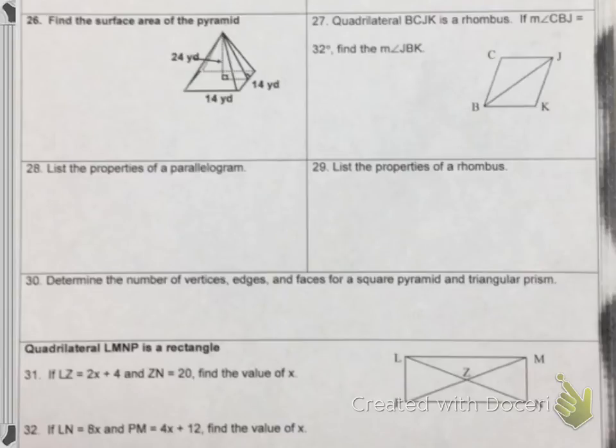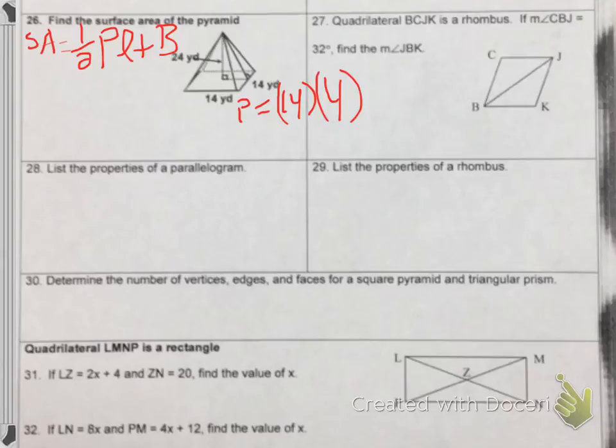And so the surface area of a pyramid is 1/2 PL plus B. And so when you do this, the perimeter of the base, P, is 14 times 4, and that gives you 56.